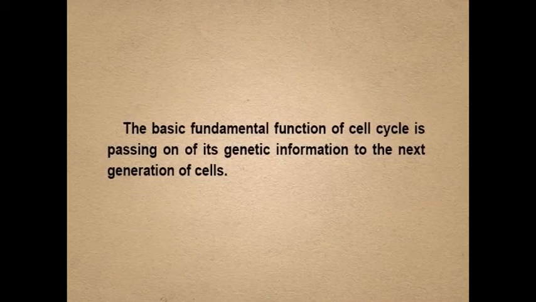The details of the cell cycle vary from organism to organism and at different times in an organism's life. However, certain characteristics are universal. The basic fundamental function of the cell cycle is passing on its genetic information to the next generation of cells.